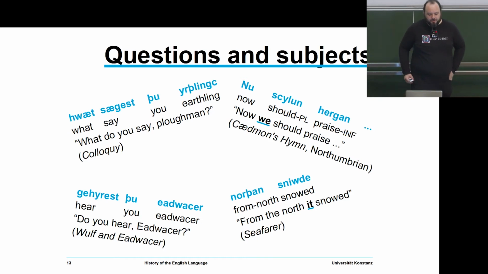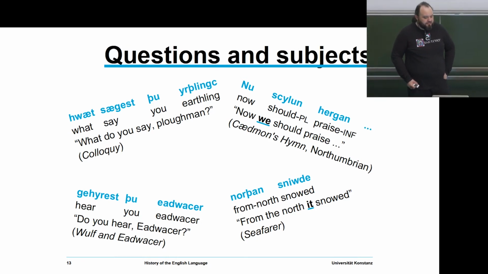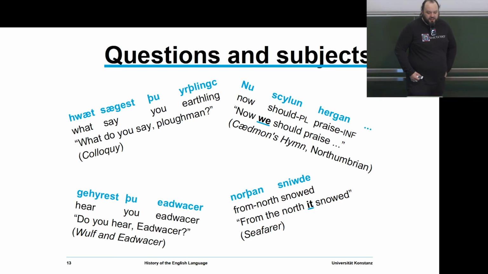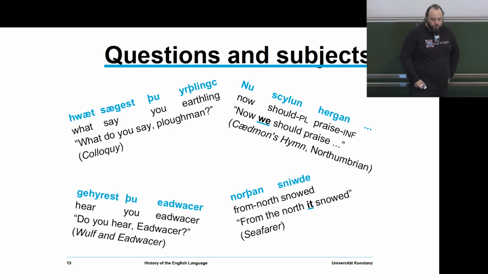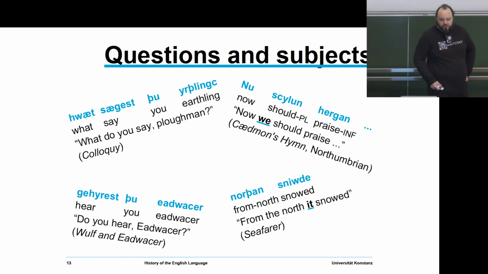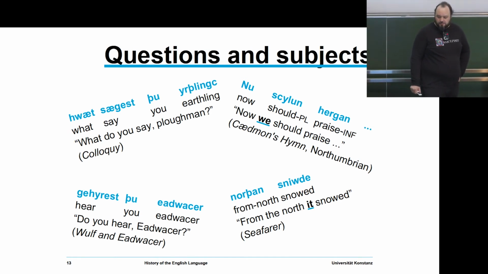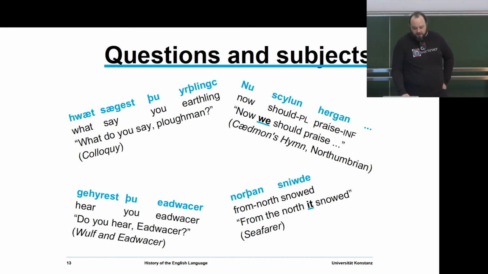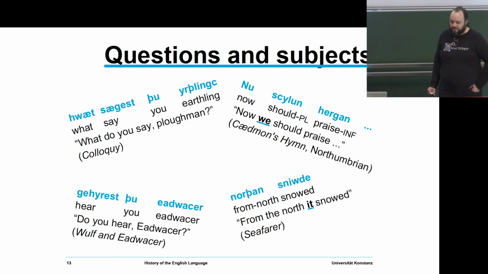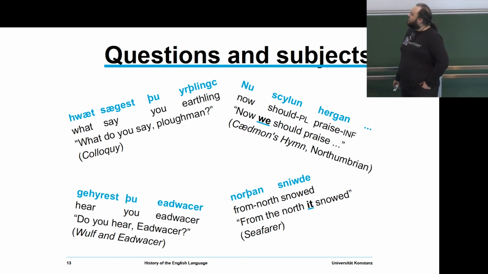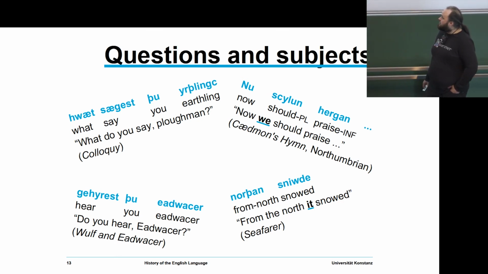And here are some examples of this. The first example is the one we've just seen. What sayest du, Irrling? So what do you say, ploughman? In the second example, we've got Je heerest du, Erdwacher. This is from a poem, Wolf and Erdwacher, which is a very interesting poem if you're interested in that kind of thing. This is a verb first question.